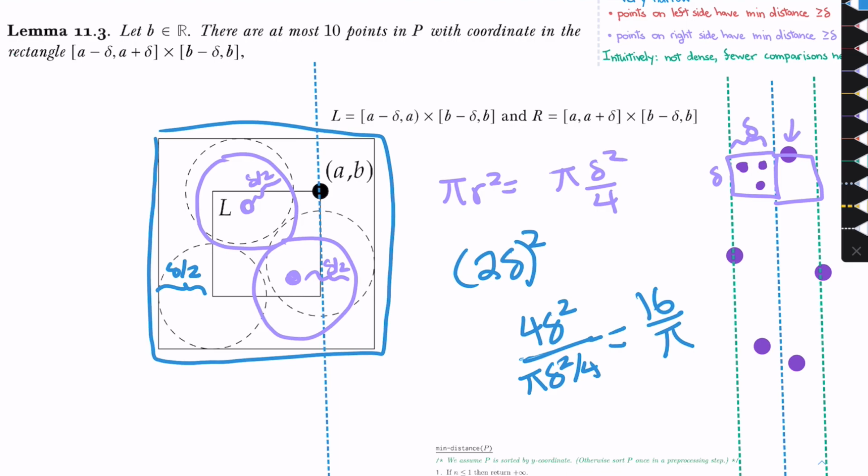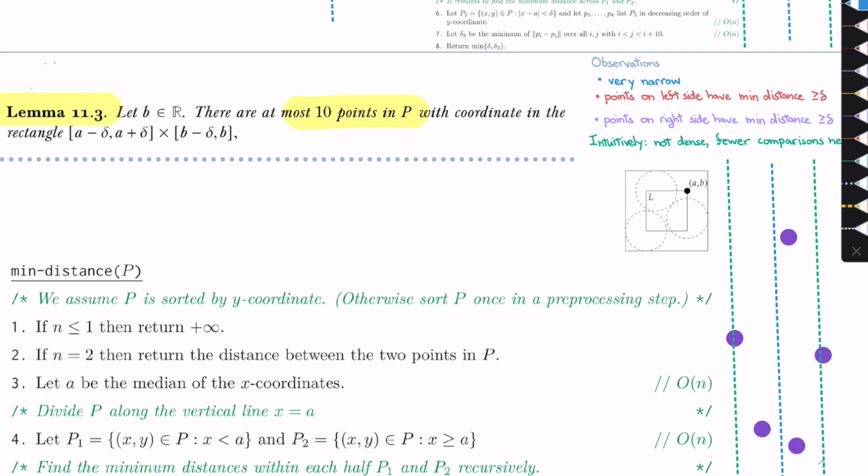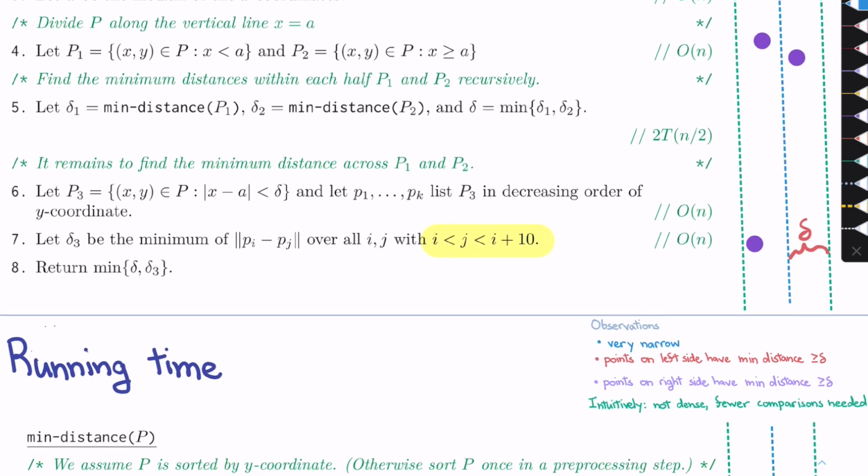I used the median x-coordinate to split them, but now I know that on each side, all the points are at least delta far apart, because I recursed on this side and found the minimum distance is delta, which could be diagonal distance and stuff like that. So I know that everything has to be delta far apart. That explains why you only have to compare to 10 points going down from top to bottom, because there's only so many points that are relevant, since they're all getting packed in there.